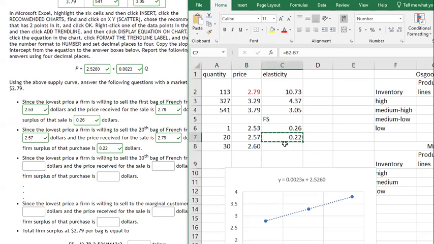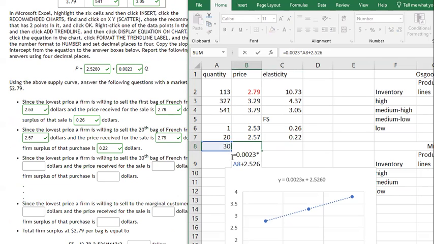Now, what about the 30th bag? Again, we're going to plug the 30 into our supply curve, right? We're going to multiply the 30 by our slope, and then we're going to add to that the intercept. And so now firms are willing to produce and part with 30 bags of French fries if the price is $2.60 or higher.